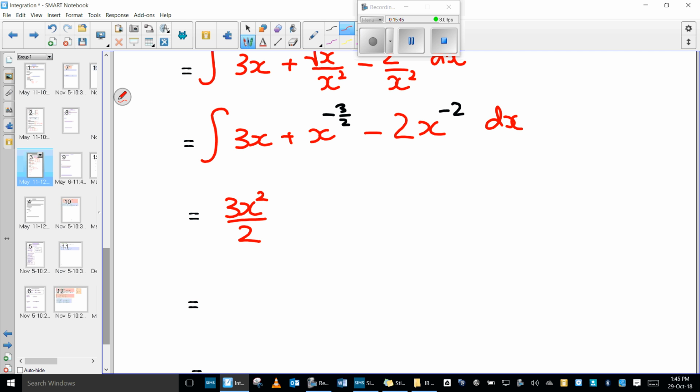Now here we go. We've got x to the negative 3 over 2, so we've got plus x to what? What's 1 added to negative 1 and a half? Negative a half. What do we have to do with that? We have to divide by negative a half.